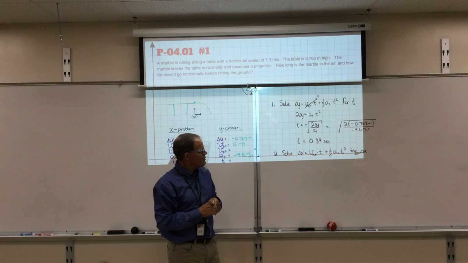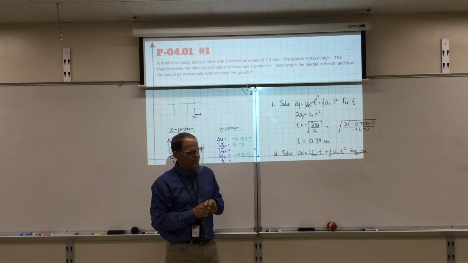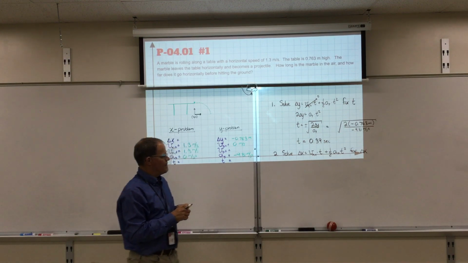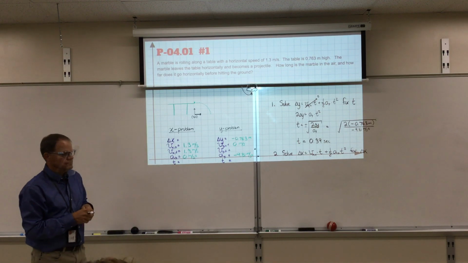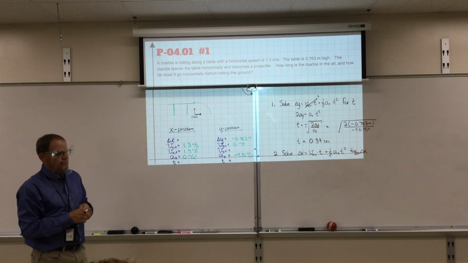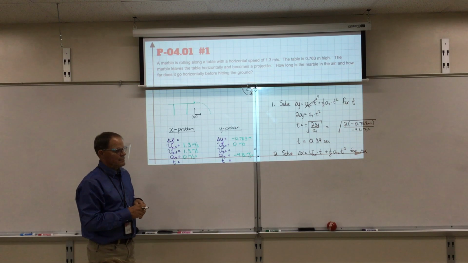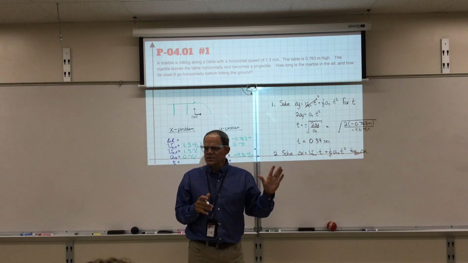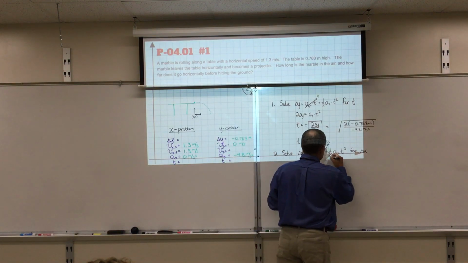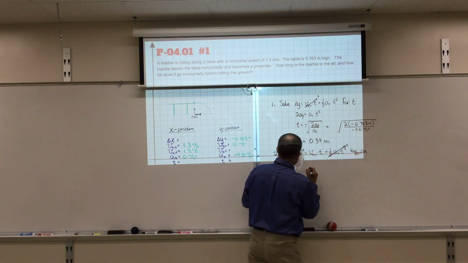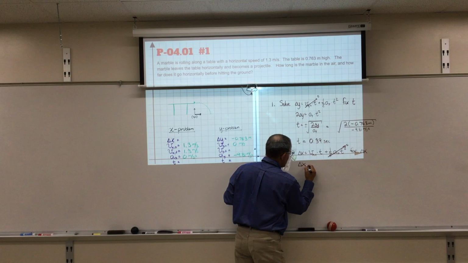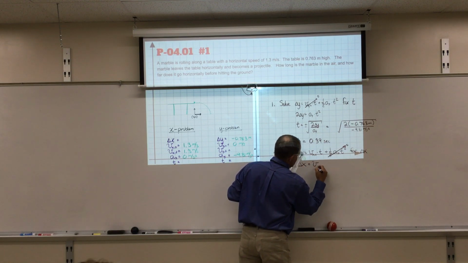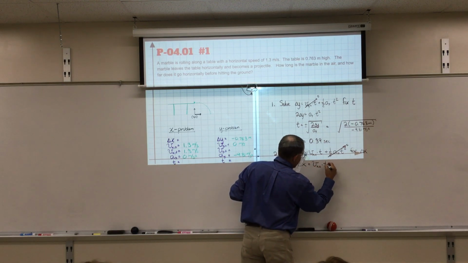All right, JC, what can I clobber? Something zero there. The acceleration. Yeah, there is no acceleration horizontally. So this term goes away, which just tells us that the distance it goes horizontally is the initial velocity times the time.